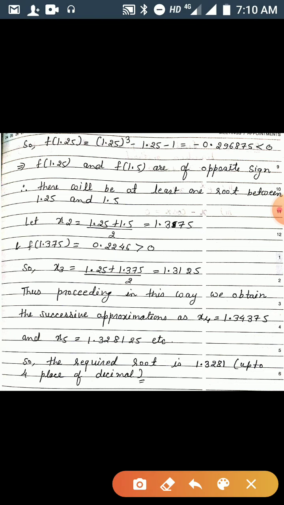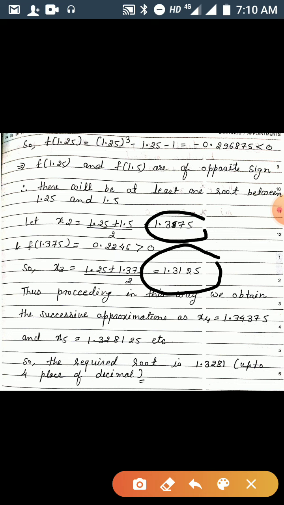So we check that the value of x2 is 1.375 and the value of x3 is 1.3125. We come to the closer solutions. So we proceed for 2 or 3 approximations more.